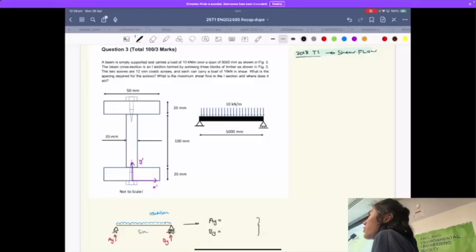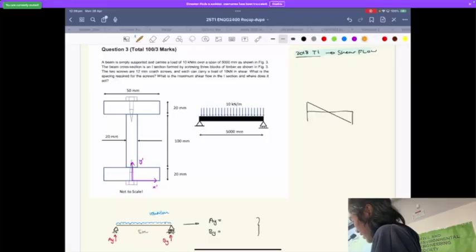For the first part, the transform section, we were looking for where our moment was maximum. We're looking for the part where our shear is going to be maximum in this case. So you generally know that your shear diagram is going to look like this, and you can easily tell that your maximum shear is going to be at your very ends, right?